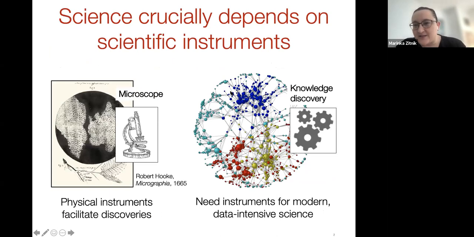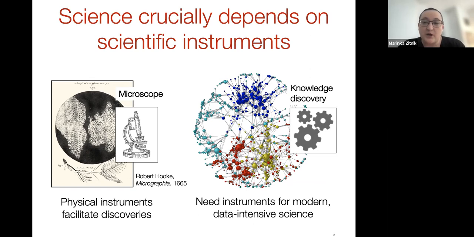Science crucially depends on the existence of scientific instruments. In the past, those scientific instruments were primarily physical devices, such as microscopes that have facilitated discoveries. However, nowadays, in the era of modern data-intensive sciences, we need a new kind of instrument that I envision will be in vital ways optimized for knowledge discovery from data.